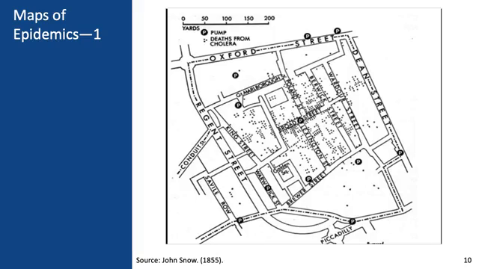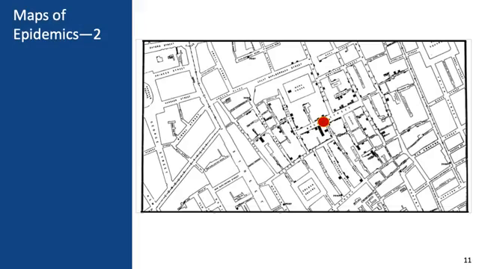When John Snow put these points on this map, it was clear that the Broad Street Pump, shown at the middle here, was in the center of the clouds of points, providing evidence that this pump may be the source of the outbreak. Here's another map of the same epidemic where the Broad Street Pump is shown in red.